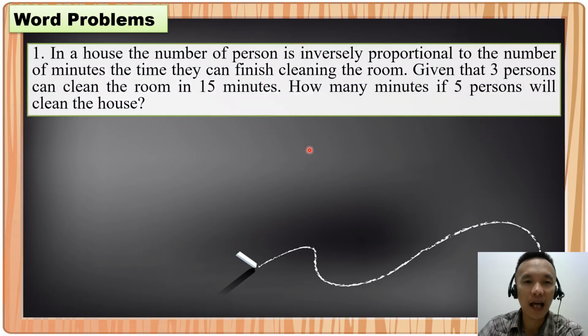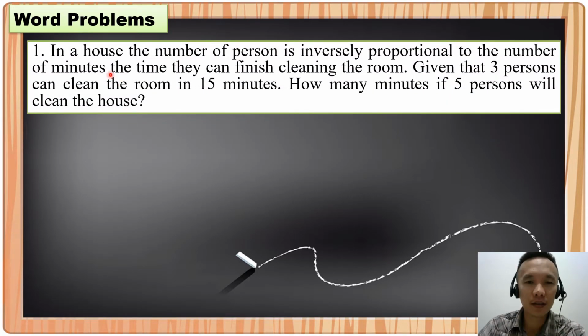Next example will be word problems. So we will have: in a house, the number of persons is inversely proportional to the number of minutes, the time they can finish cleaning the room. Now, given that 3 persons can clean the room in 15 minutes, how many minutes if 5 persons will clean the house?